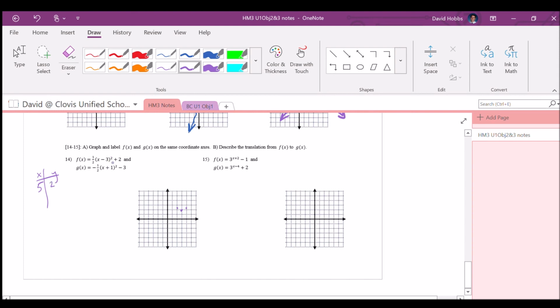Oh, I forgot the plus 2. If I went to 1, 1 minus 3 is negative 2, squared is 4, half of that is 2, plus 2 is 4. So 5, 4, and 1, 4.